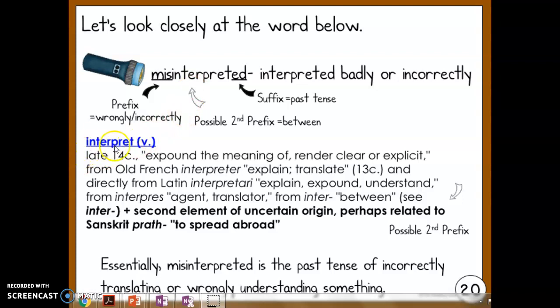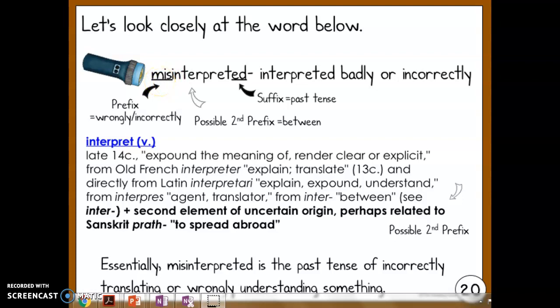But if we thought about the word interpret, it's a verb, and interpret means to expound the meaning of, or render clear or explicit. So if you're going to misinterpret something, you're going to make sure that the meaning of something is clear, but you misinterpret, then that must mean that you wrongly made the meaning clear because you put the prefix mis in front of it.